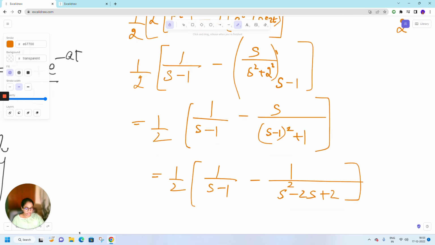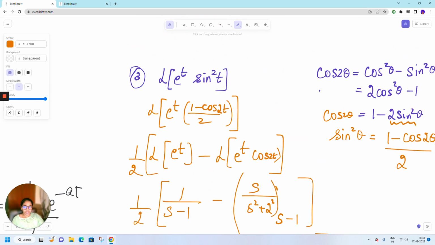Okay, what else is remaining here? This would be s square plus 2 square. Okay, what is 2 square? I'll write it as 4. Okay, we replaced s with s minus 1. That is all correct. So now here we would get 4 plus 1, which is 5. Okay, so yes, that is it for today's class. Thank you.